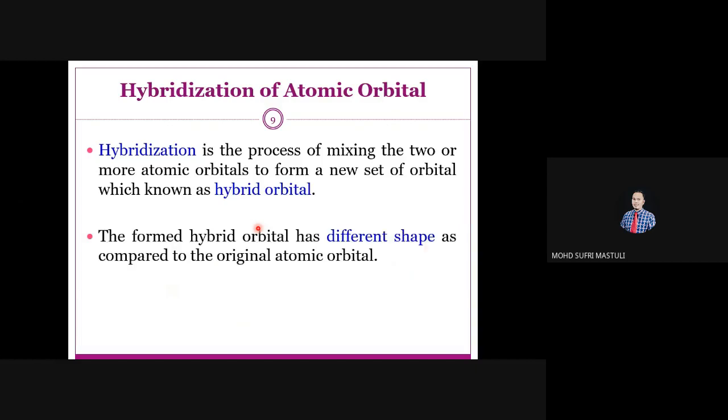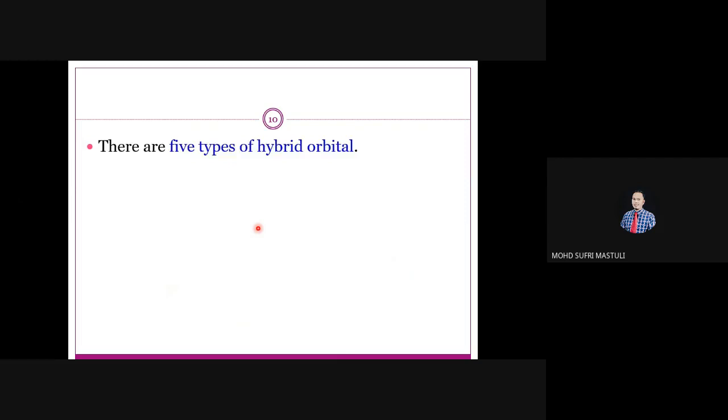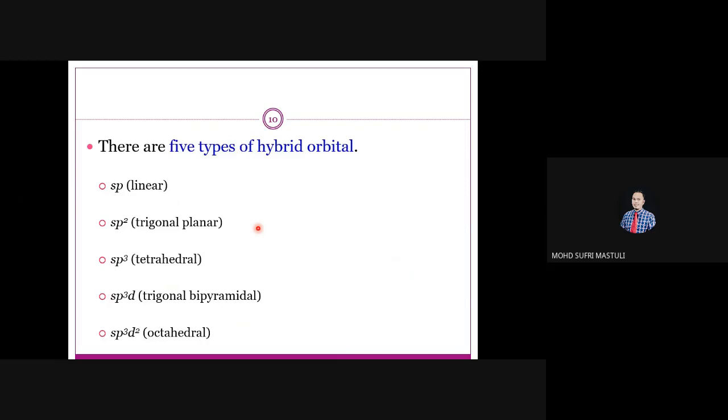How does the hybrid orbital differ compared to the atomic orbital? Okay, so we already covered this one. We have sp hybridization, sp2, sp3, sp3d, and also sp3d2. How to determine? We are using the electron domain geometry.